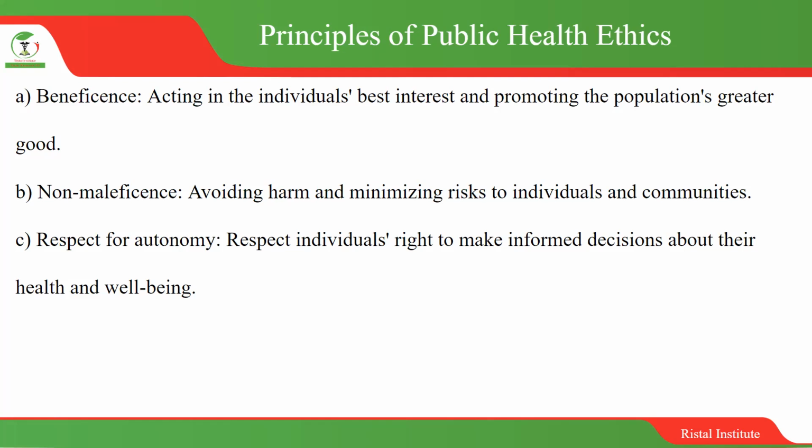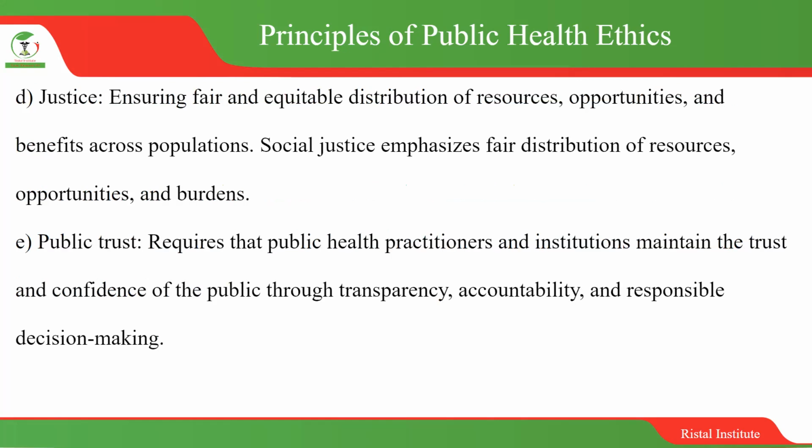Then autonomy is that individuals have the right to make their own decisions as long as they have a sound mind. And then the principle of justice is that resources should be fairly and equitably distributed. There should be no discrimination based on race, tribe, socioeconomic class, or any other characteristic.